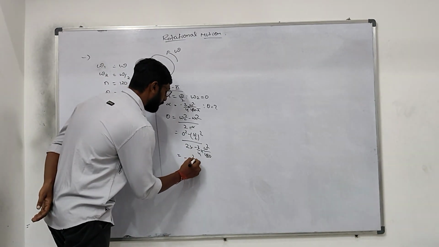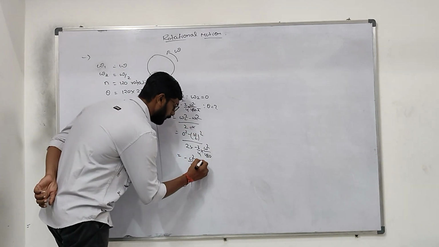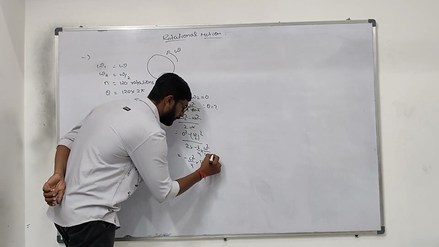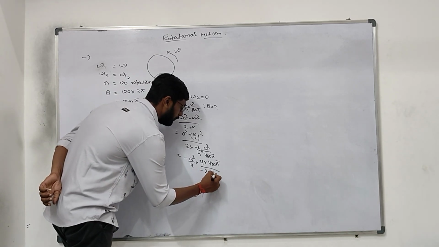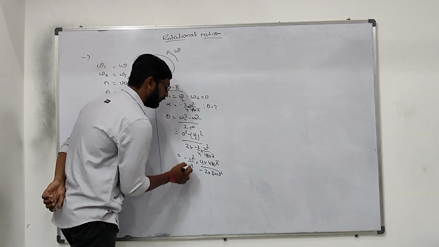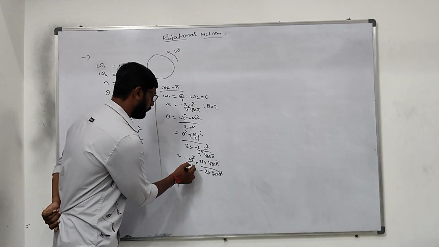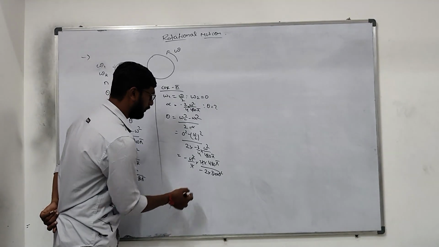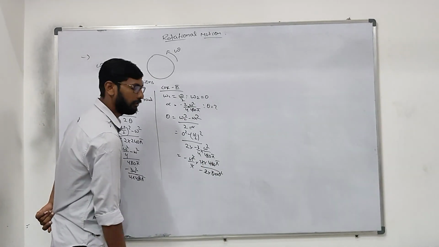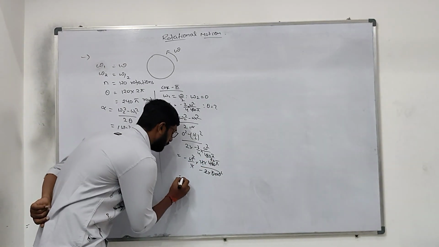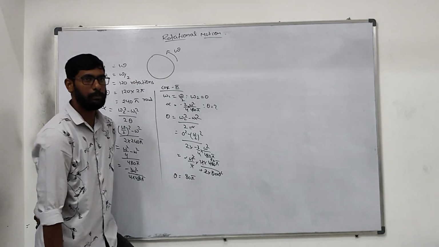So minus omega square by 4 into 4 into 480 by minus 2 into 3 into omega square. So omega square will cancel, 4 gets cancelled, and this negative also gets cancelled. Theta equals to 80.